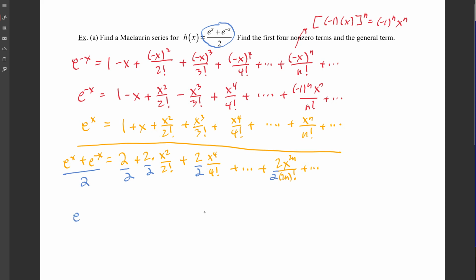So what I can find is e to the x plus e to the negative x divided by 2 is equal to 1 plus x squared over 2 factorial plus x to the 4th over 4 factorial plus dot dot dot plus x to the 2n over quantity 2n factorial plus dot dot dot. And this is the example of how you can add Taylor series together also.